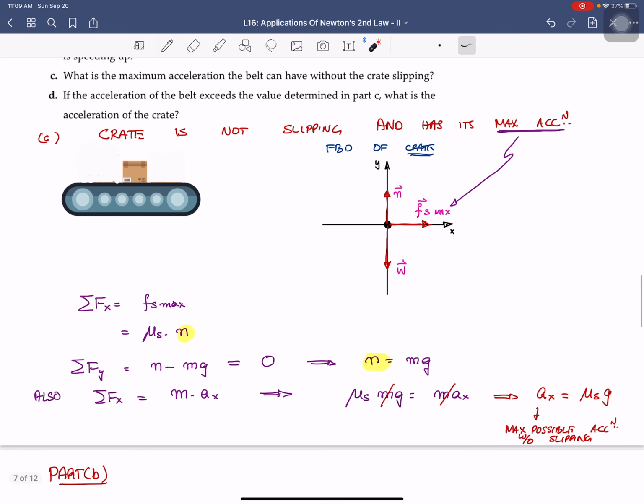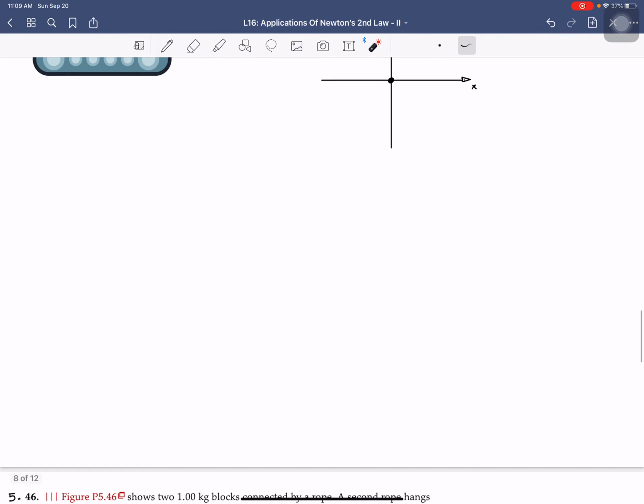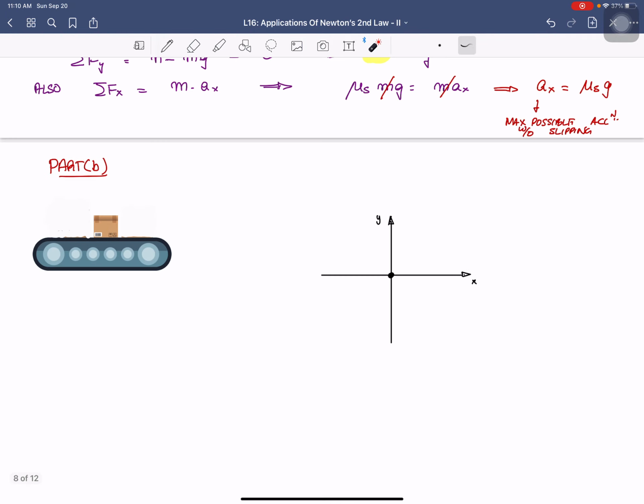And the question being asked in part B is: if the acceleration of the belt exceeds the value determined in the previous part, what is the acceleration of the crate? So, summarizing, the crate is slipping on the belt and still accelerating forward.